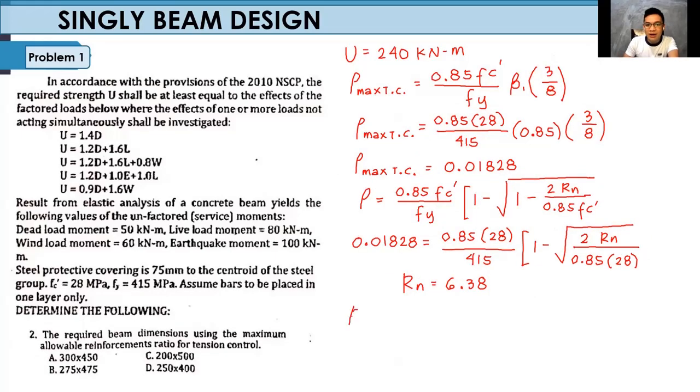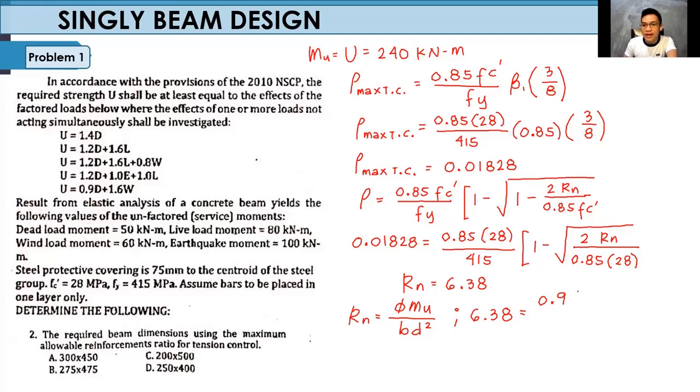Lagay natin dito, Rn is equivalent to phi Mu, then divided by BD squared. So, therefore, lagyan natin ganyan, 6.38 yung ating Rn. Phi natin is equivalent to 0.9, di ba? If we are dealing with 2000 and slash 2015 na NSCP. And then, Mu natin yung kanina, di ba? Ito, nasa itaas. This is our Mu, which is 240.